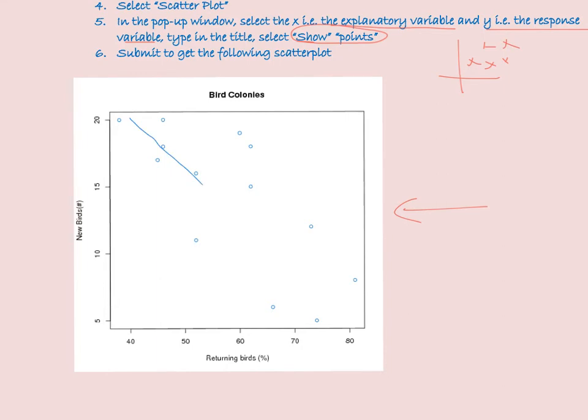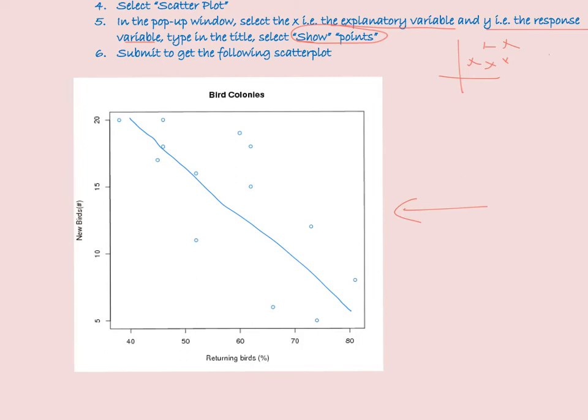Although the points are obviously not forming a straight line, the overall pattern looks like a straight line that is falling. So that gives us the nature of the relationship between the two variables.